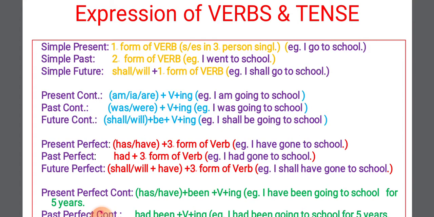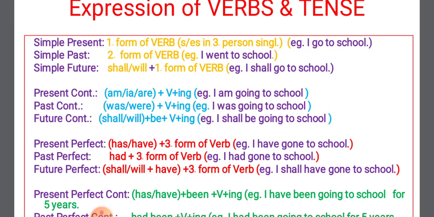Now simple future: shall and will options are there, depending upon the subject, plus first form of verb will be used. For example, I shall go to school. Now continuous: present continuous, past continuous and future continuous. Let us see what the changes in sentence structure are.